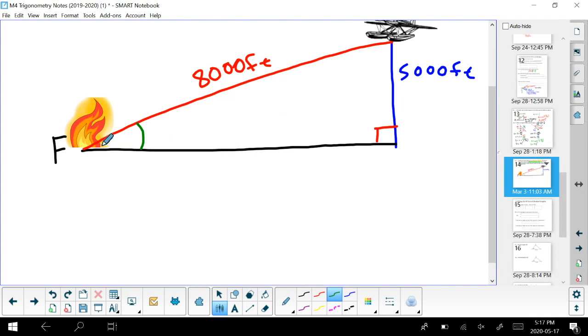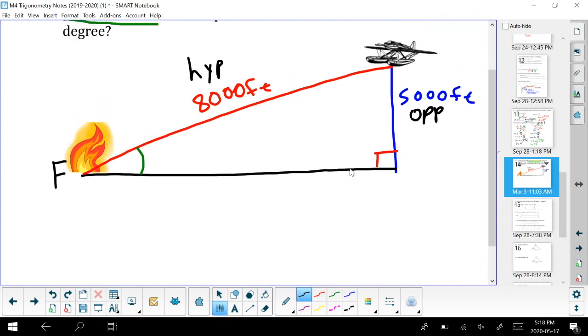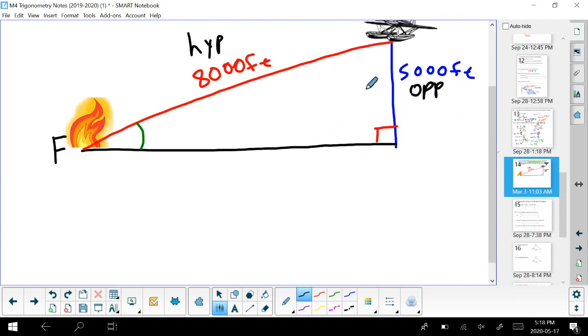If we're looking directly across this triangle at that 5,000 feet, that will be my opposite side. And my 8,000 feet is directly across from my right angle, so it is my hypotenuse. So we're going to look for a trig ratio that has both the opposite side and the hypotenuse. So remember SOHCAHTOA.